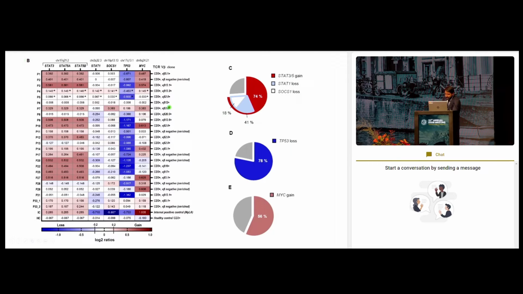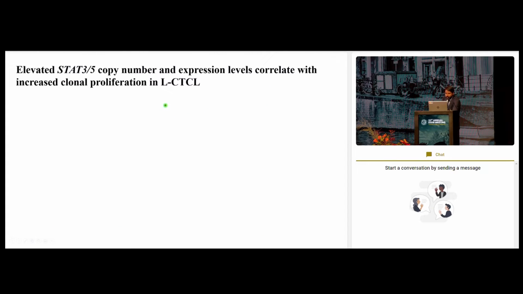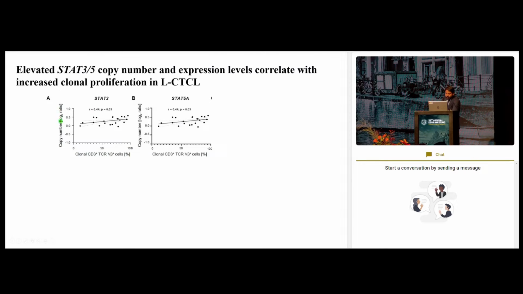With this genetic status, we further explored whether the elevated STAT3-5 copy number and expression levels correlate with increased clonal proliferation, and indeed they do. The higher the copy number log2 ratio, the higher the blood clonality in the patients, in the case of STAT3, STAT5A, and STAT5B.